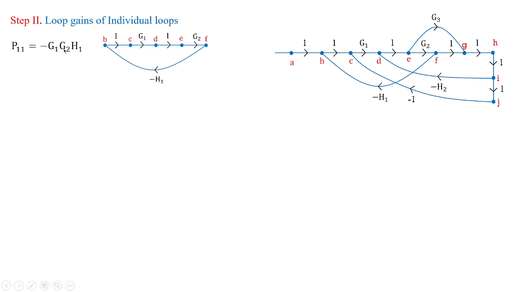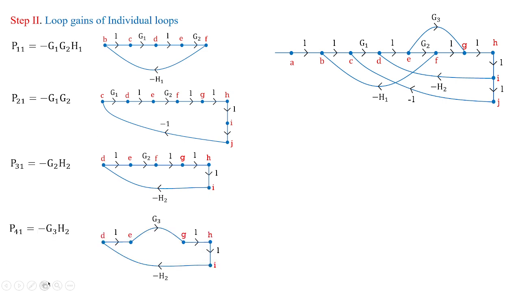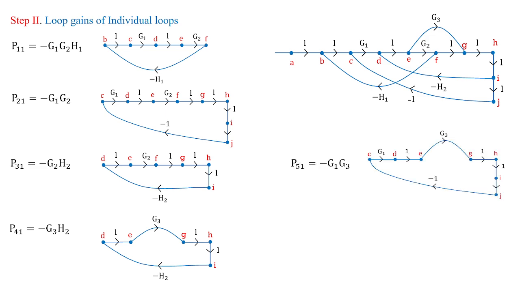Then you have P21, which is nothing but minus G1 G2, starting from C, going back to J, coming back to C. Then you have P31, which is nothing but minus G2 H2, starting from D, going back to I, coming back to D. P41 starts from D, goes back to H, I, and again back to D, overlapping F. So the gain value of that is minus G3 H2.